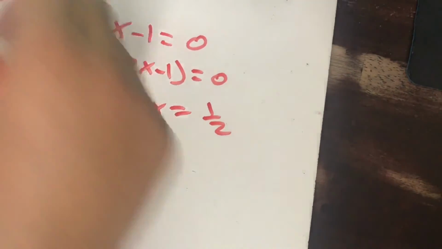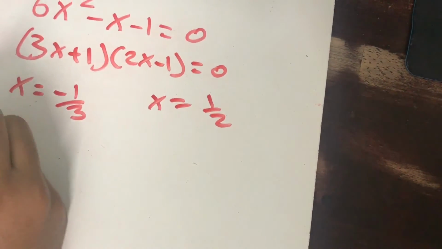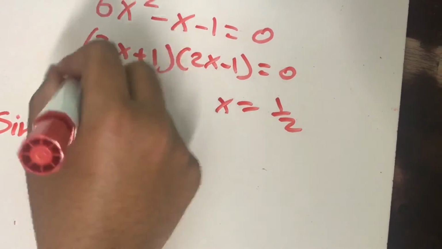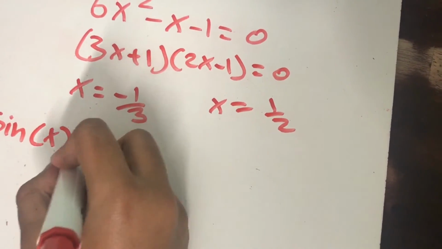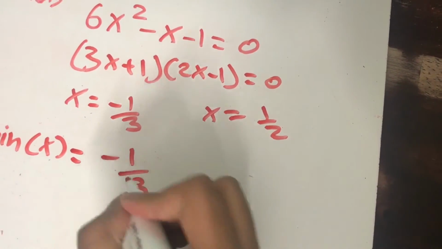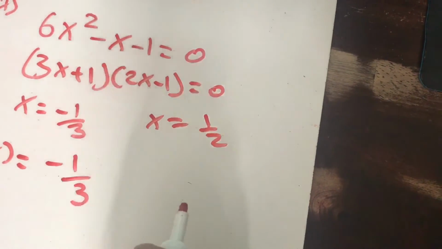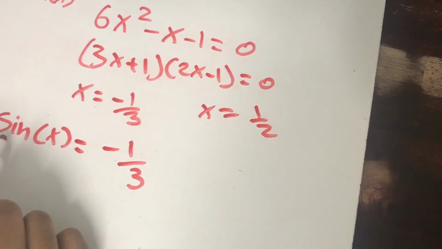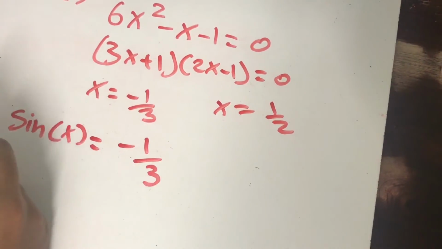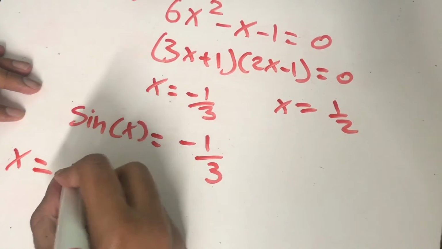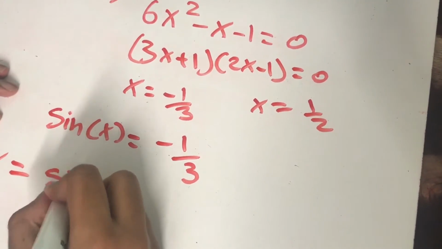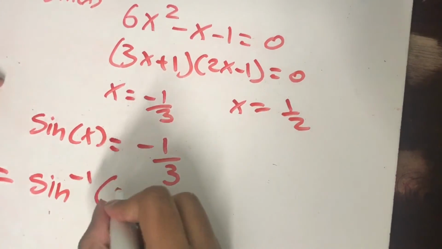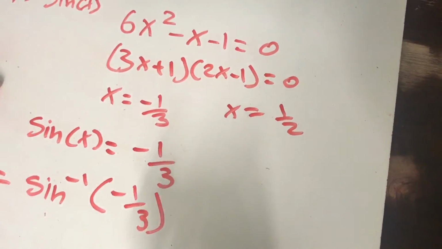So I'm going to plug in sine of x for x. I'm going to do this one first, right quick: sine of x equals negative 1 over 3. Now I'm going to switch this sine to this side, so it's going to turn into sine to the power of negative 1, so basically arcsine of negative 1 over 3.